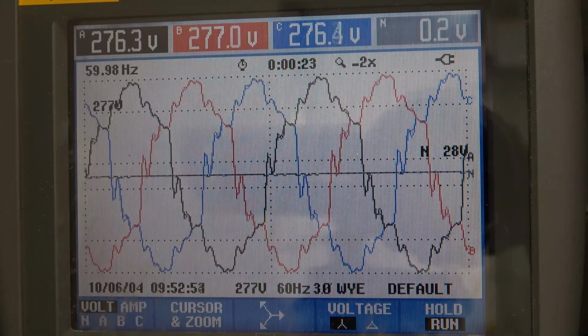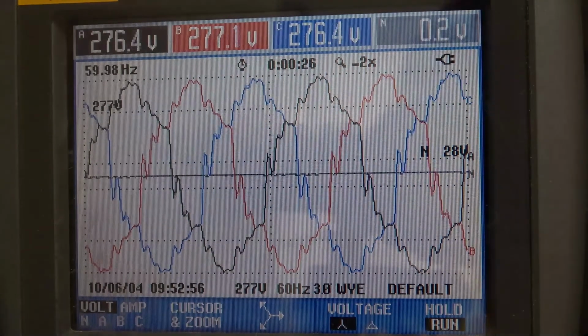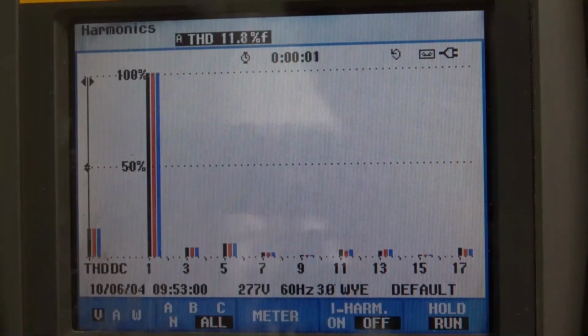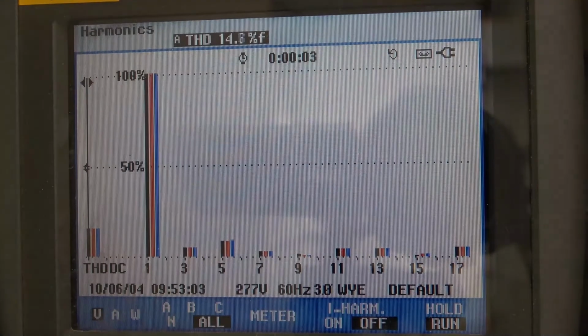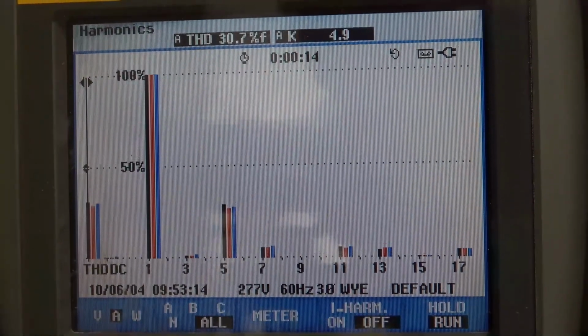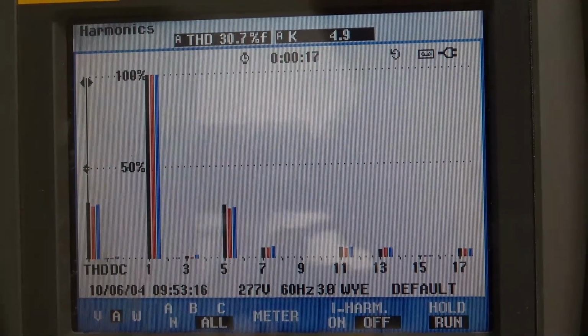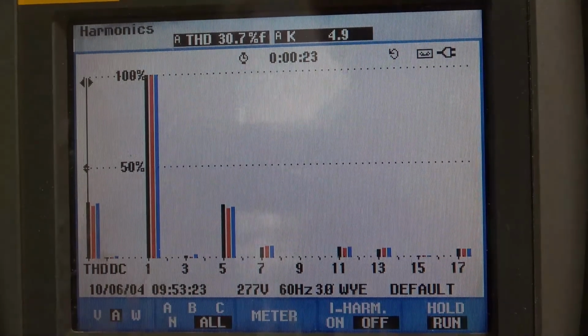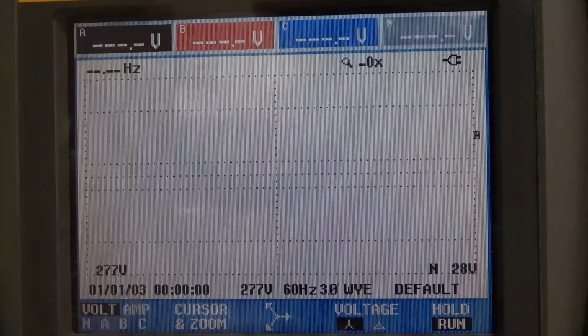If I look at my harmonic spectrum, I can see my voltage distortion now is on the order of about 15, approaching 16%. If I look at my current distortion, it turns out to be a little bit less than before. The one benefit that the generator does do is it adds some more impedance or reactance into the system, so it reduces the harmonic current a little bit in terms of the output current.